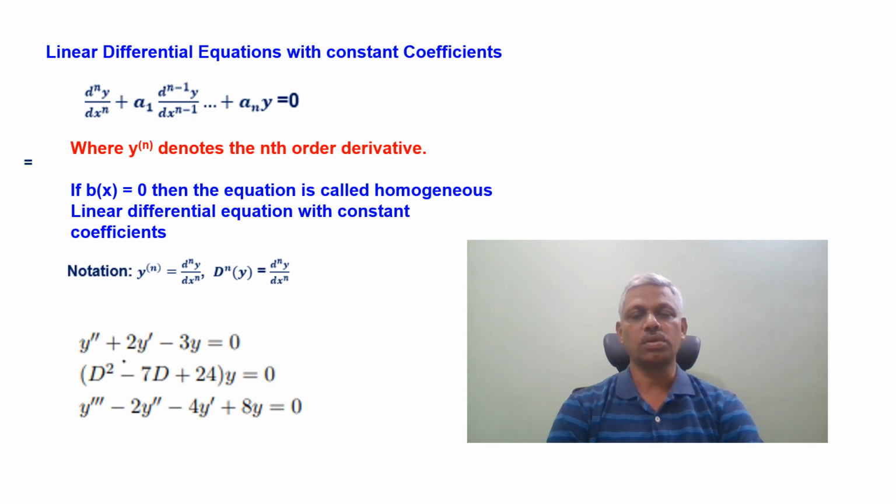You can observe here three types of equations written. y'' plus 2y' minus 3y is equal to 0 is a second order linear differential equation with constant coefficients. Similarly, D^2 minus 7D plus 24 is an operator, operating on y is equal to 0, which is also a linear differential equation with constant coefficients. We are going to solve such equations now.